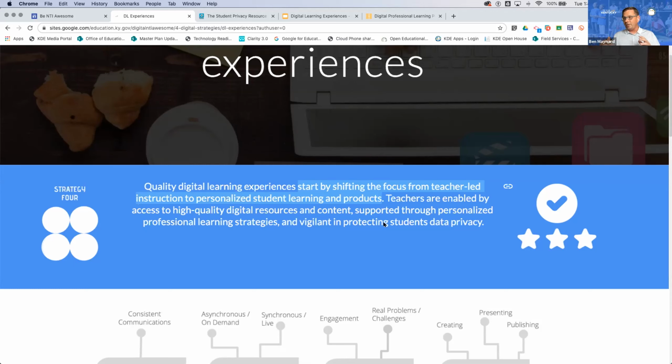Honestly, it moves from how do I design my instruction to how do we design a learning experience for students that's rooted in content standards, the things that we know are right.